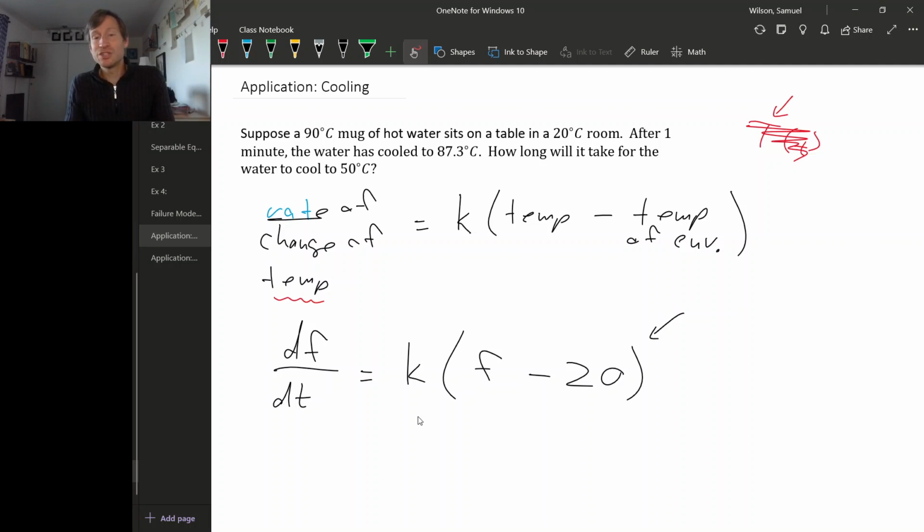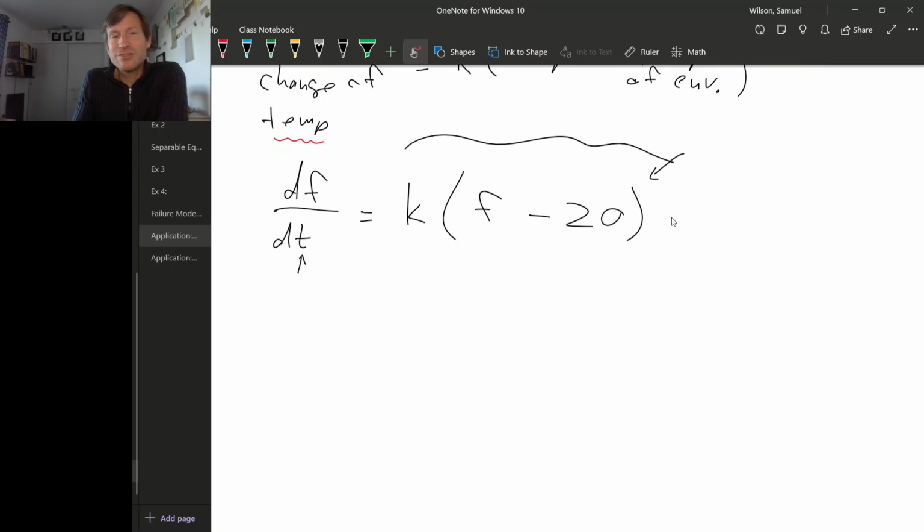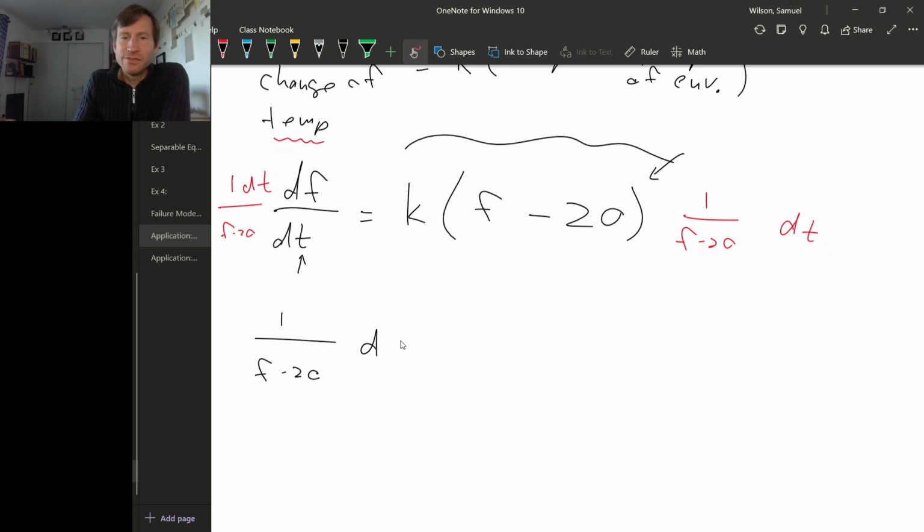If the independent variable only shows up in the derivative and nowhere else, the equation is always separable. So we divide both sides by f minus 20 and multiply both sides by dt. On the left-hand side that gives us 1 over f minus 20 df, and on the right-hand side we get just k times dt.